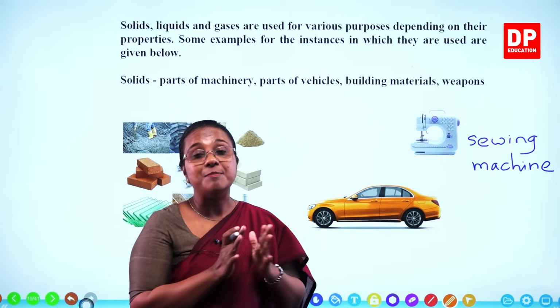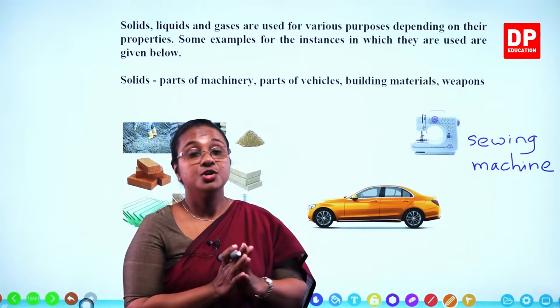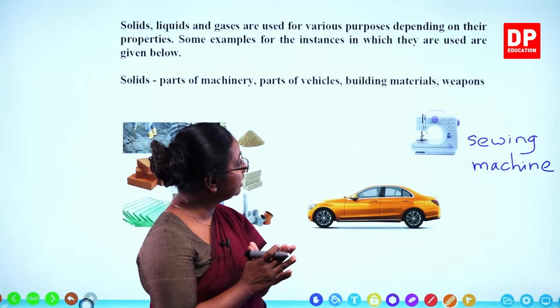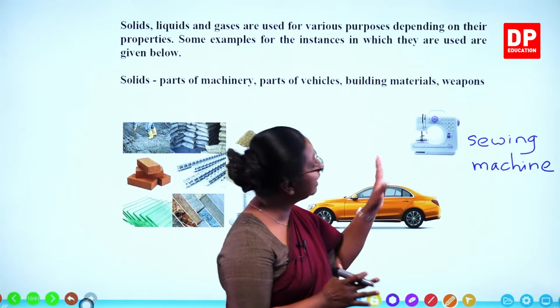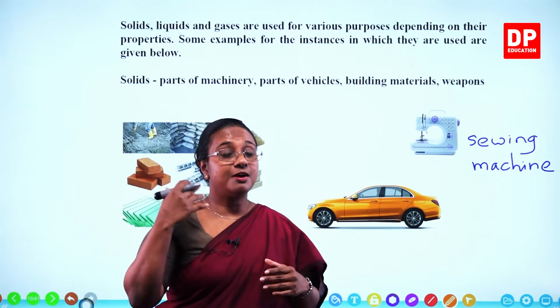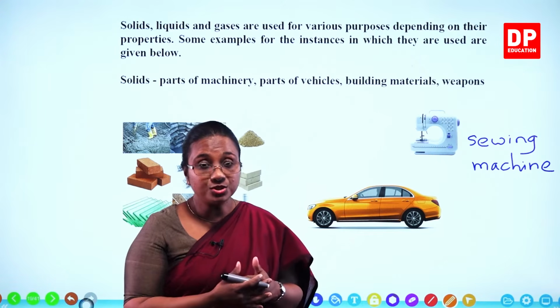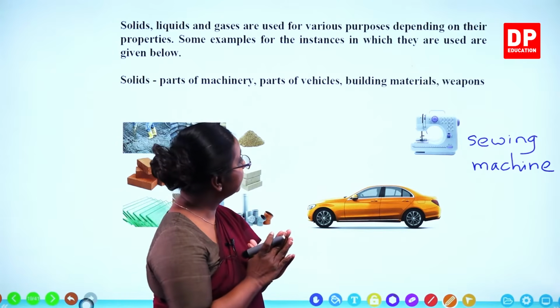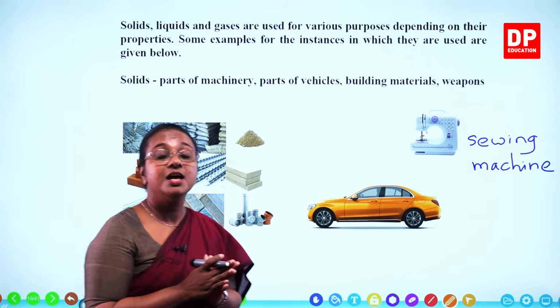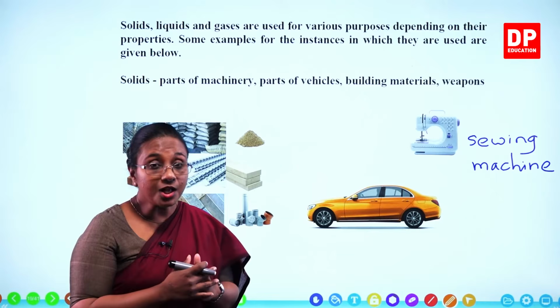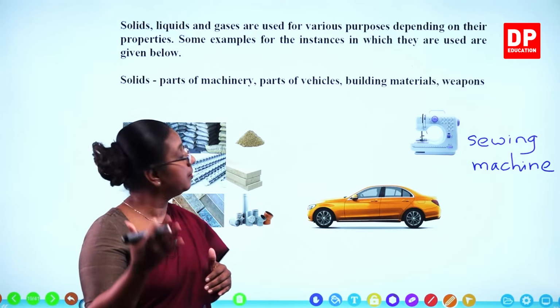But all of them are solid components. Because they are solid components, they can be made into this particular shape. They are very strong and can be used for sewing. All that is possible because of the nature of the solid and its physical properties.